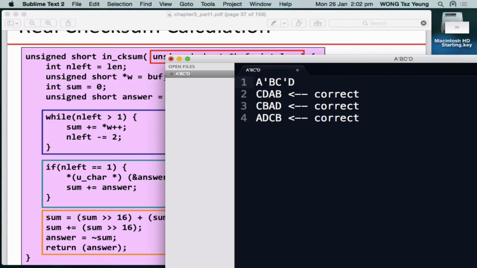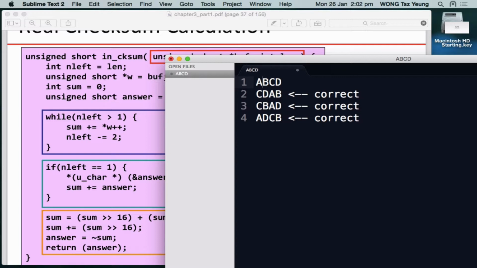So the strength of this algorithm is not to give you a cryptographic checksum. That means it does not guarantee that if I give you a different byte stream, I give you a different checksum. No. It just tries to tolerate bit flips, changes of the bits, not flipping the bytes. And this is the strength of this algorithm.